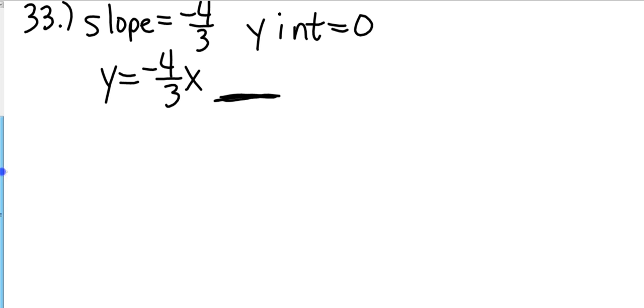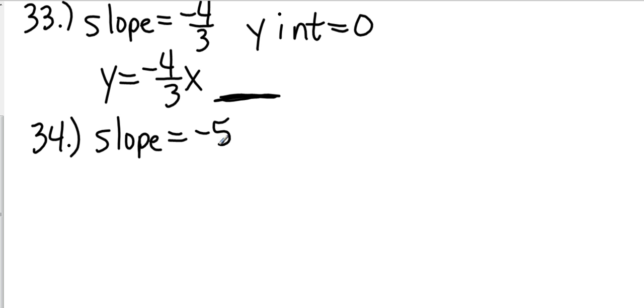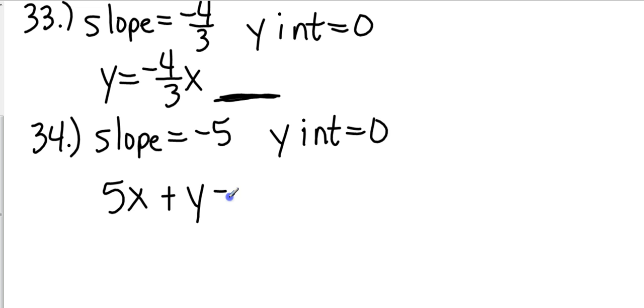Okay, let's look at number 34. Okay, 34, the slope is negative 5. And this one also has a y-intercept of 0. Now, this one originally looked like this: 5x plus y equals 0. Now the problem with this one is it's not in y equals mx plus b form.